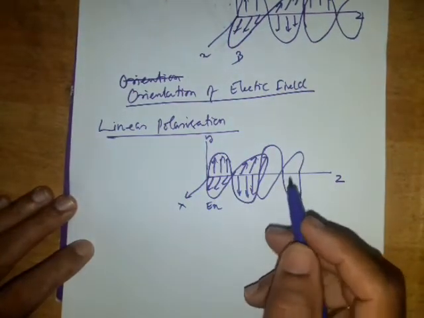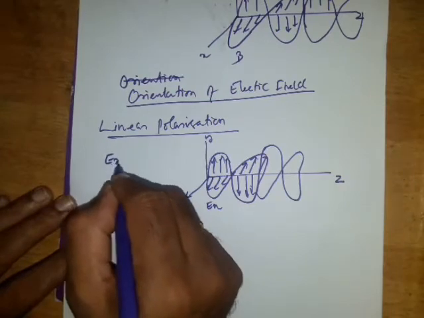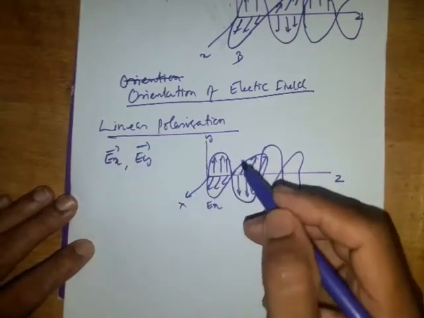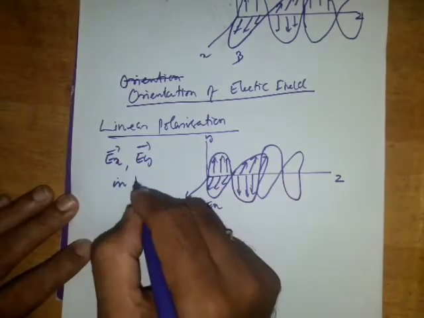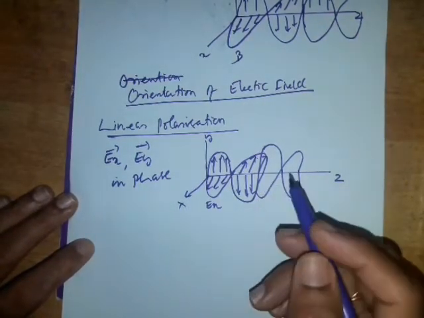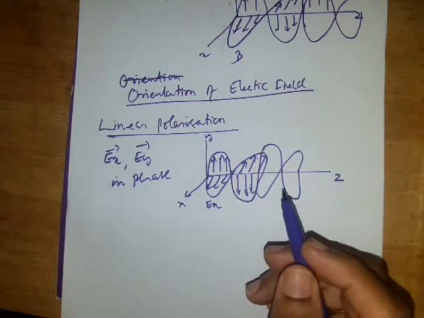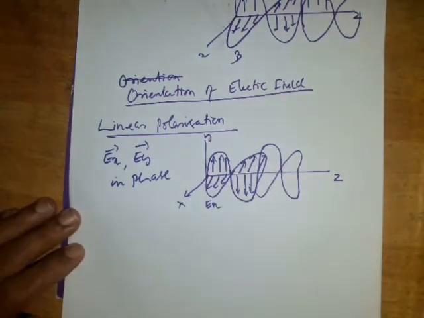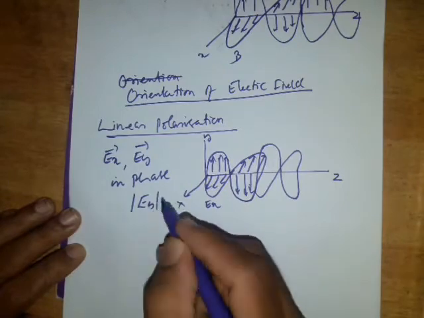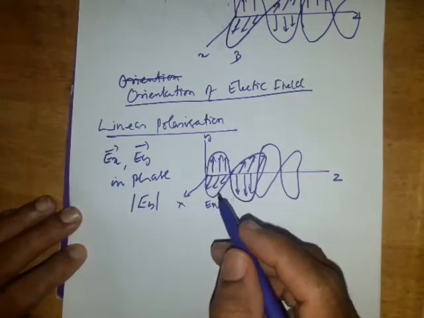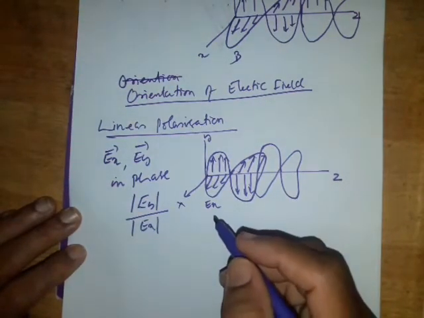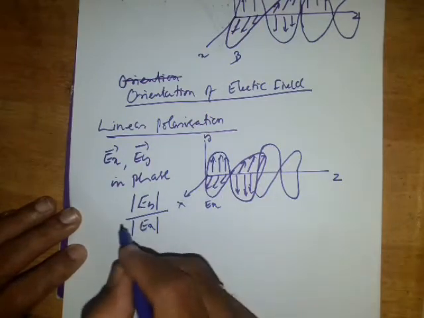In case of linear polarization, both Ex and Ey vectors are in phase. If I take the ratio of the magnitude of the Ey vector and the magnitude of the Ex vector, this ratio is always a constant.